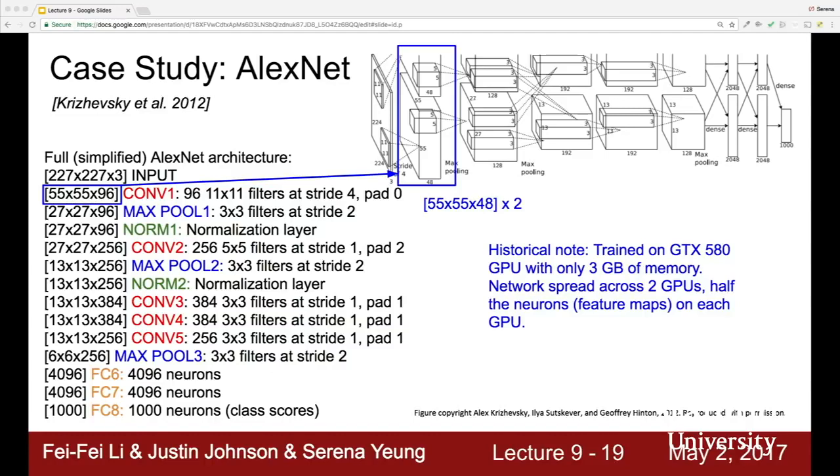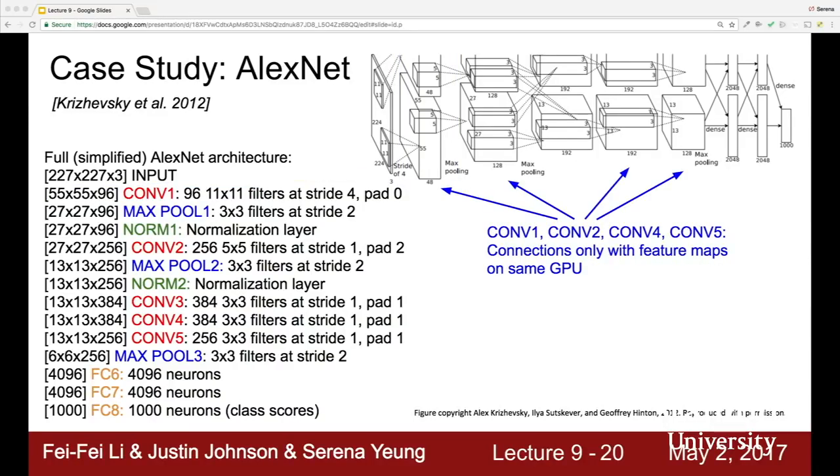For example, if you look at this first conv layer, we have 55 by 55 by 96 output. But if you look at this diagram carefully, and you can zoom in later in the actual paper, it's actually only 48 depth-wise on each GPU. So they just spread the feature maps directly in half.